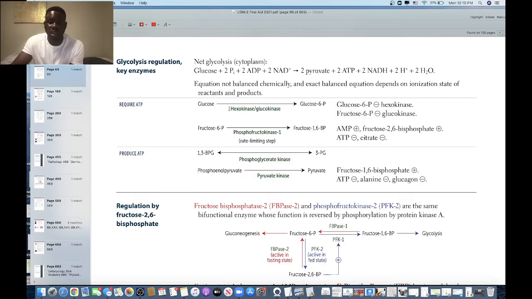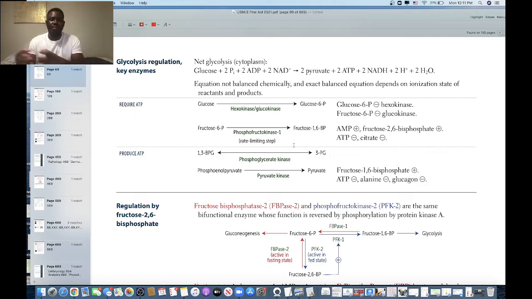These pathways are usually irreversible. If I'm doing glycolysis and breaking down glucose, going downwards from glucose to pyruvate, and then I have to go backwards to do gluconeogenesis, when I reach these particular enzymes that are listed over here, I will need a different enzyme to bypass them.